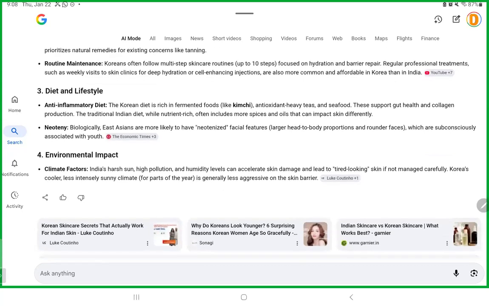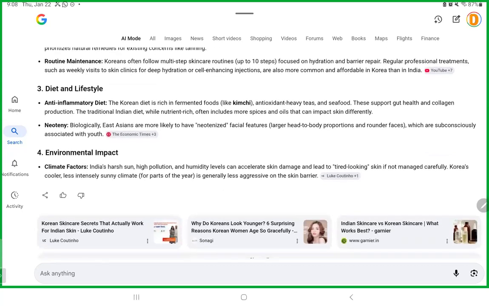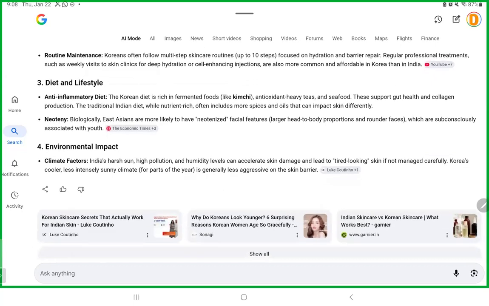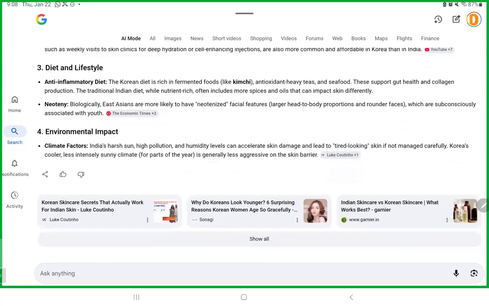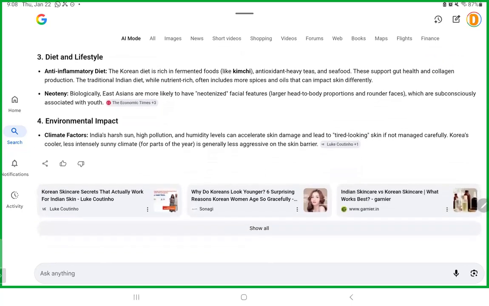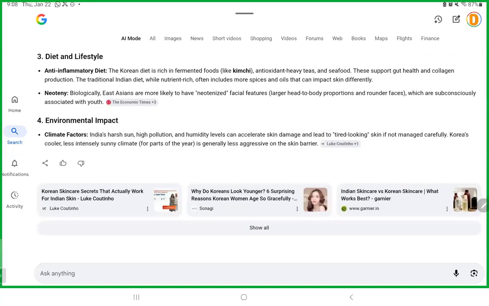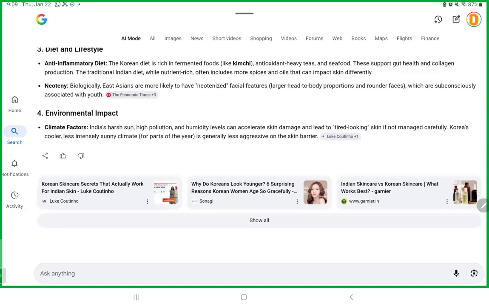They eat a Korean diet rich in fermented food, kimchi. Kimchi tastes good, I will tell you that, sir. Climatic factors: India has hot sun, high pollution, and humidity that can accelerate skin damage and lead to a tired look.